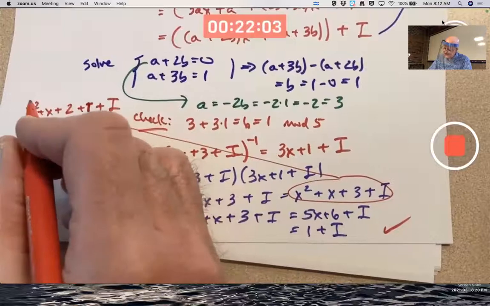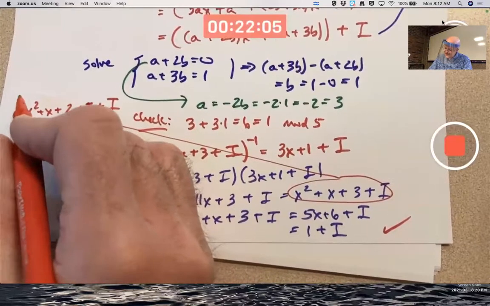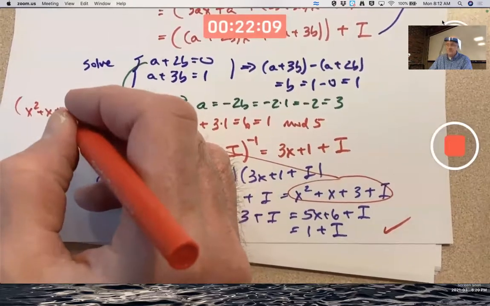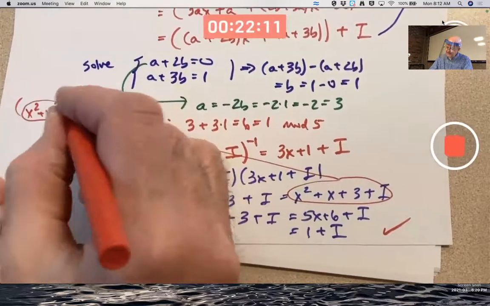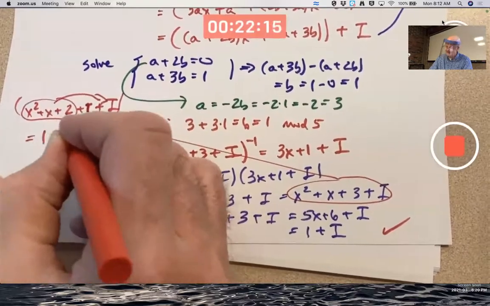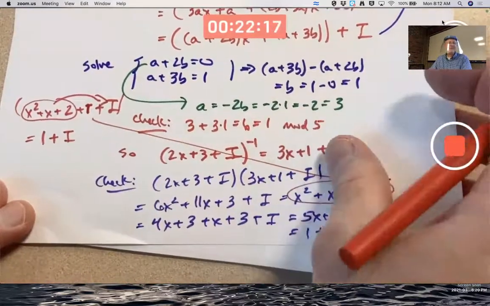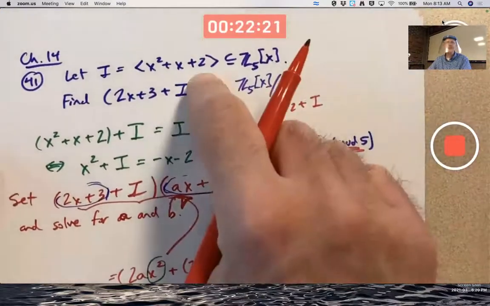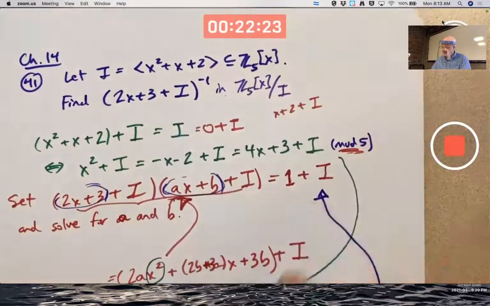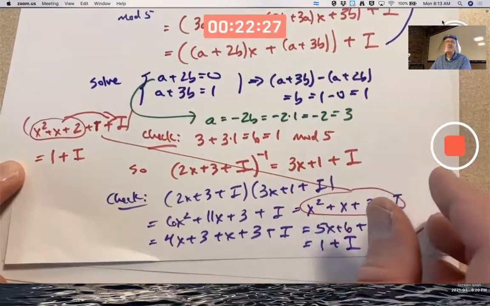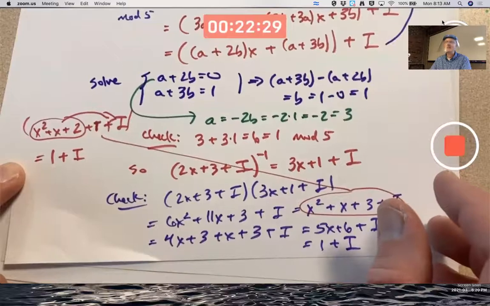That's even more fun, perhaps. And then, giant slurping sound. x squared plus x gets sucked into I. And you're left with 1 plus I. Why did it get sucked in? Because it's how I is defined. And in fact, it's not just x squared plus x plus 2 that would get sucked in, but any multiple of that would get sucked in because it's an ideal.